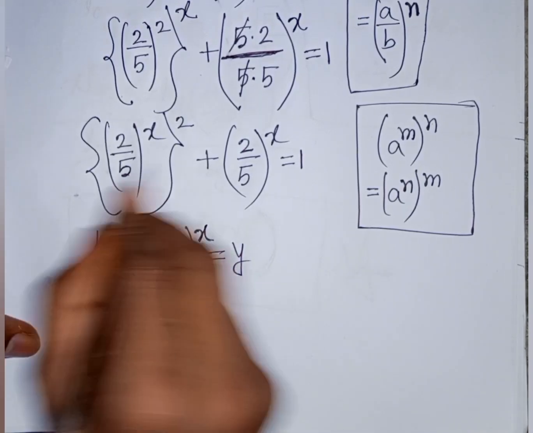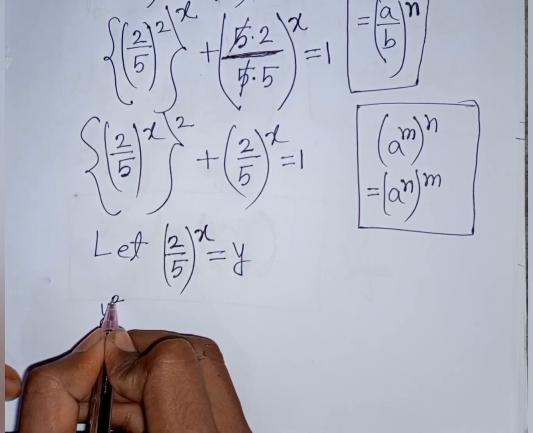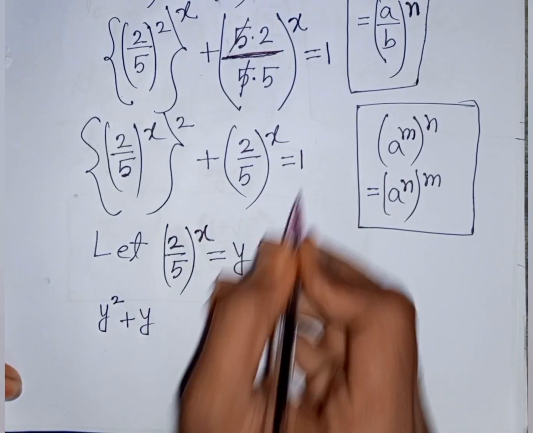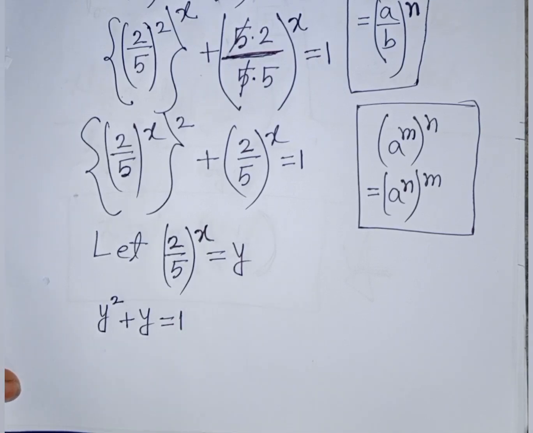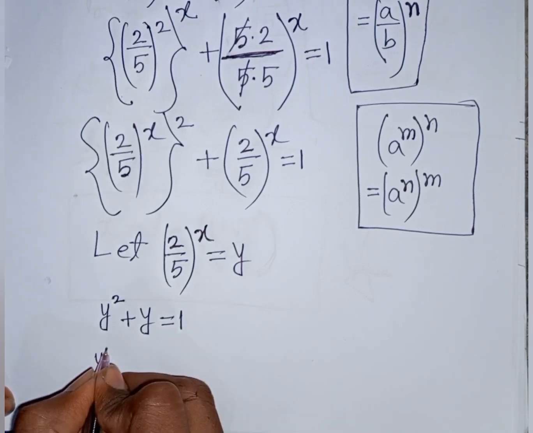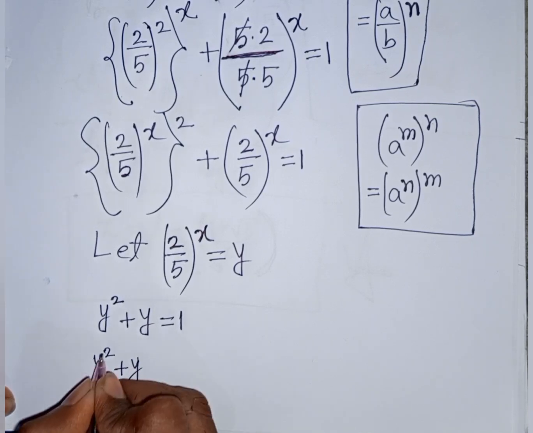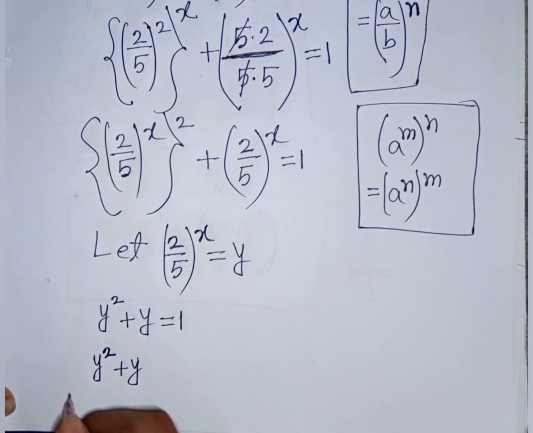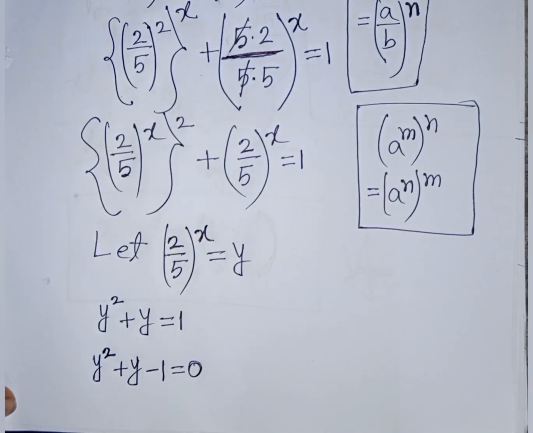So our equation will be y square plus y is equal to 1. Now we can write here y square plus y, then this plus 1 taken to the left side, so this will be minus 1, is equal to 0.